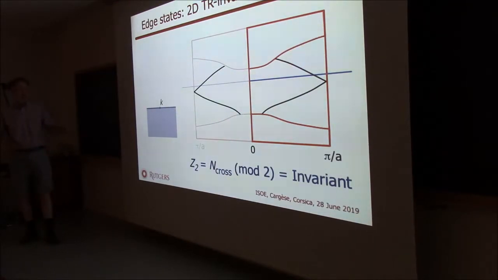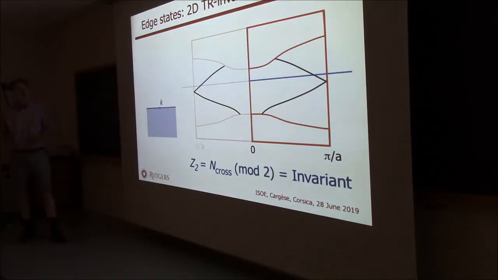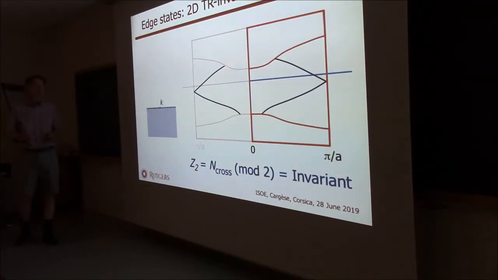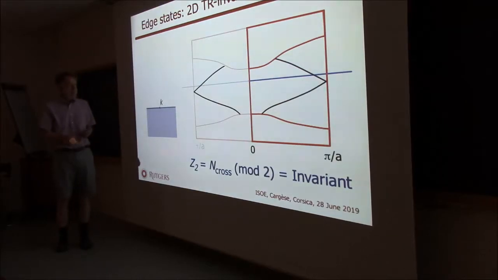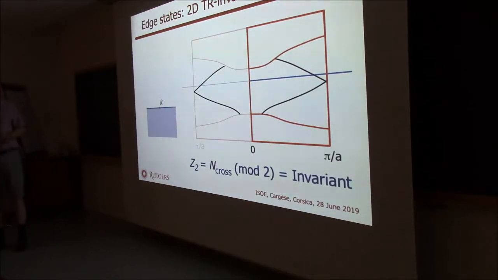So there are two classes of bulk materials: those for which all of the surfaces have an even number of crossings in the half Brillouin zone, which are the topologically trivial ones with Z2 index of 0. And then there's another class of materials for which the number of crossings on the boundary is always odd, and those are the topologically non-trivial ones. That's called the quantum spin Hall state, where the Z2 index is 1.